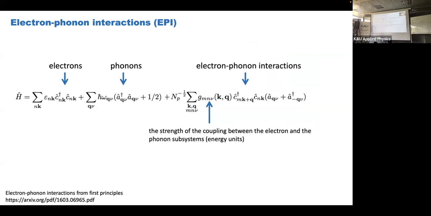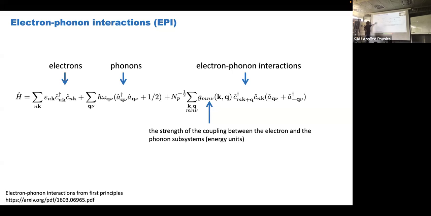I think that this formula shows the way we made from the very beginning to the end. So we started with this Hamiltonian. We started from the electrons, I showed it in the beginning of this lecture. Then we added phonons.